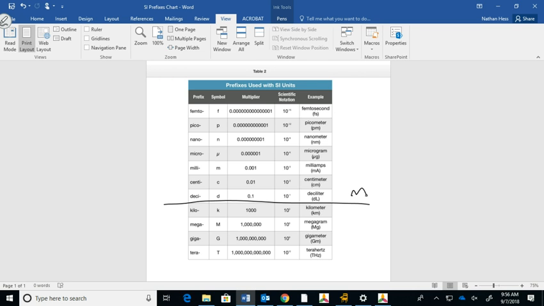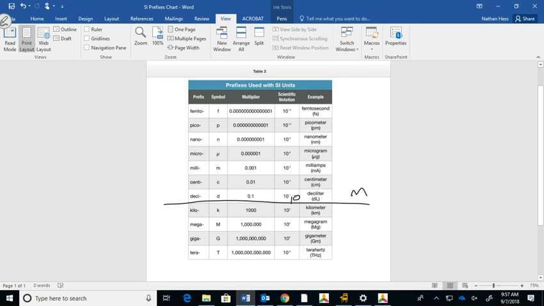So therefore, I want to make sure you hear me, if I take meters and multiply it by 0.1, I get decimeters. If I take meters and multiply it by 0.01, I get centimeters. Conversely, this is a 10 to the 1, which means there are 10 decimeters for every 1 meter.